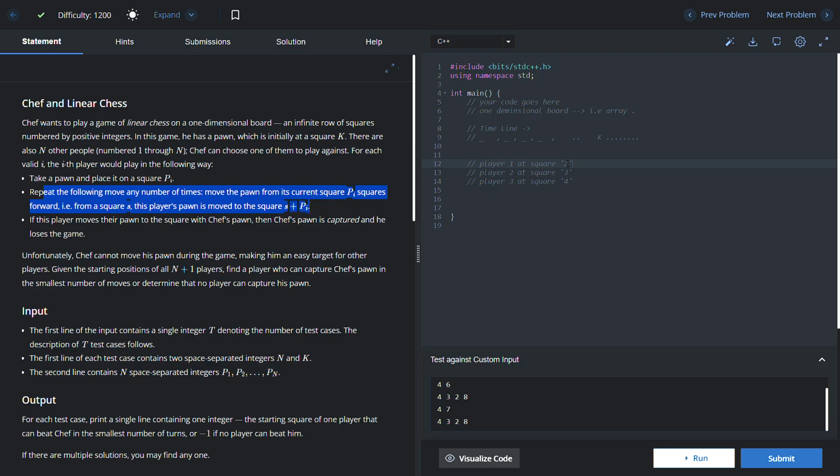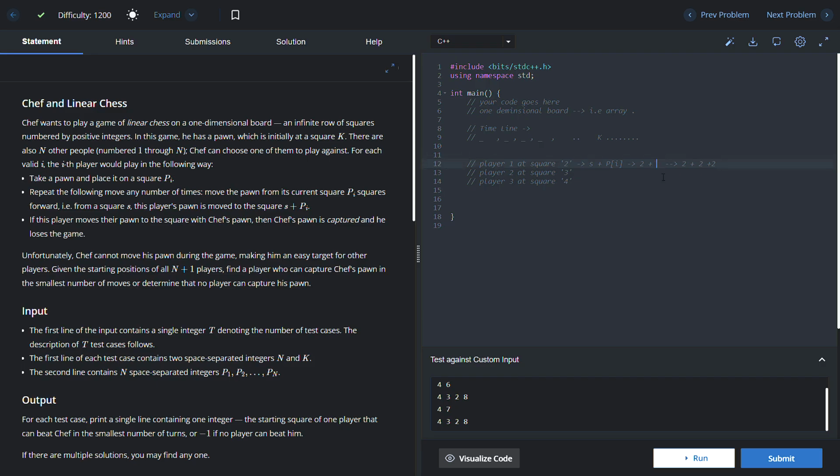If player 1 is at square 2, the next move of player 1 will be s plus pi, that means 2 plus 2. This is the second move. And in the third move, it goes 2 plus 2 plus 2.